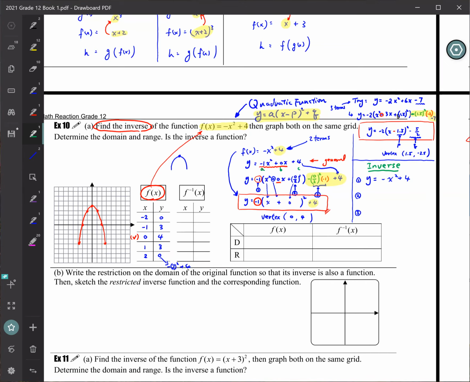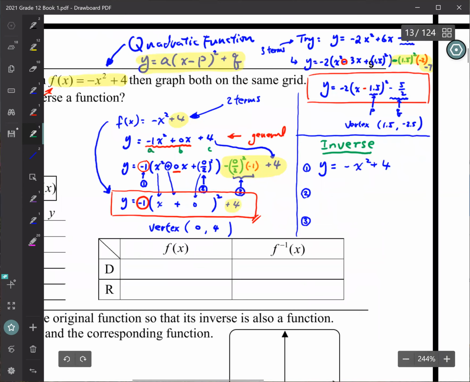Okay, so step 2, switch x and y, I can do that for you. x equals negative y squared plus 4. So this is already the inverse. The moment that you switch them, it's the inverse. But you can't leave it like that, right?